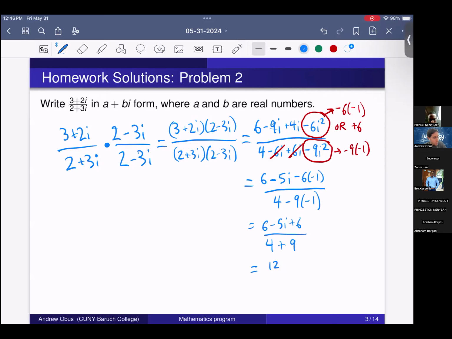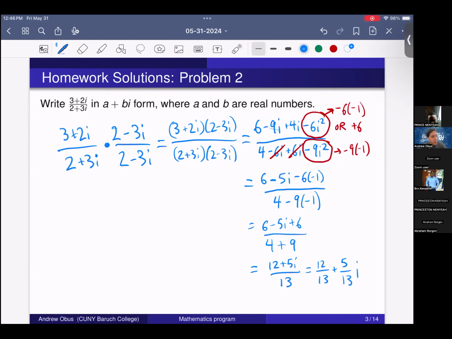Great. The point is the denominator is real, so you can now split this up. You get 12 over 13 plus 5 over 13 times i.